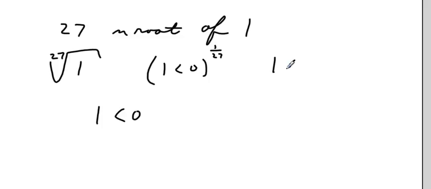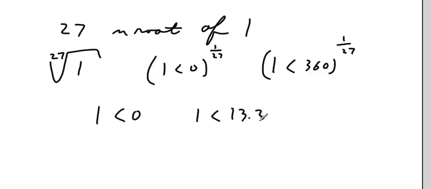This is 1 angle 360 raised to the 1 over 27. So that'd be 1 angle 360 divided by 27, 13.3 repeating degrees.